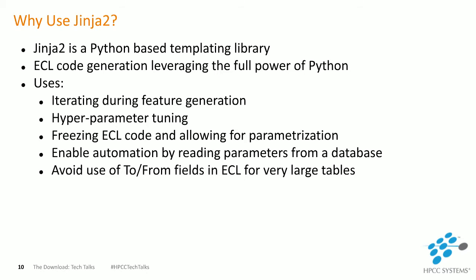Currently we use Jinja primarily for automation, but we also use it for automating hyperparameter tuning, for iterations during feature generation, or basically to do the data cleaning and sanitization of the data.